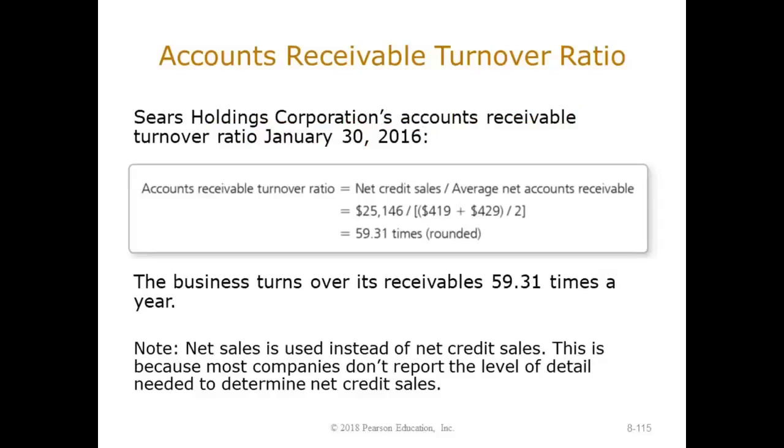We'll take our average net receivables of beginning net receivables plus ending net receivables divided by 2, and we'll come up with an AR turnover ratio of 59.31 times a year. So basically, this company is turning over its receivables 59.3 times a year.